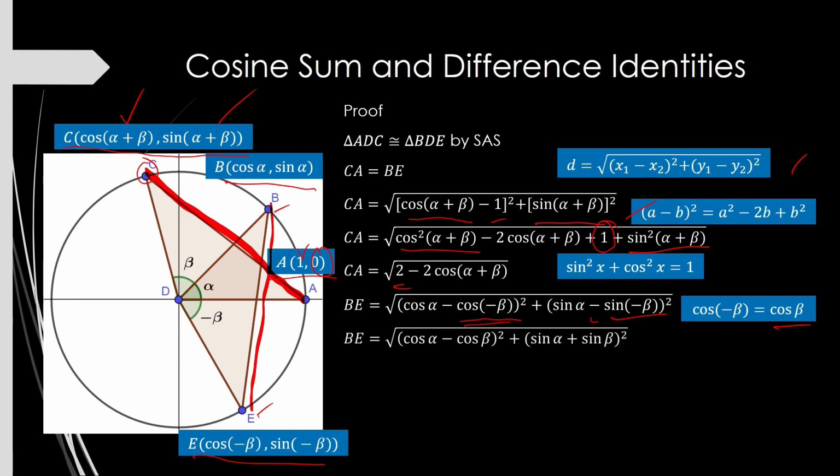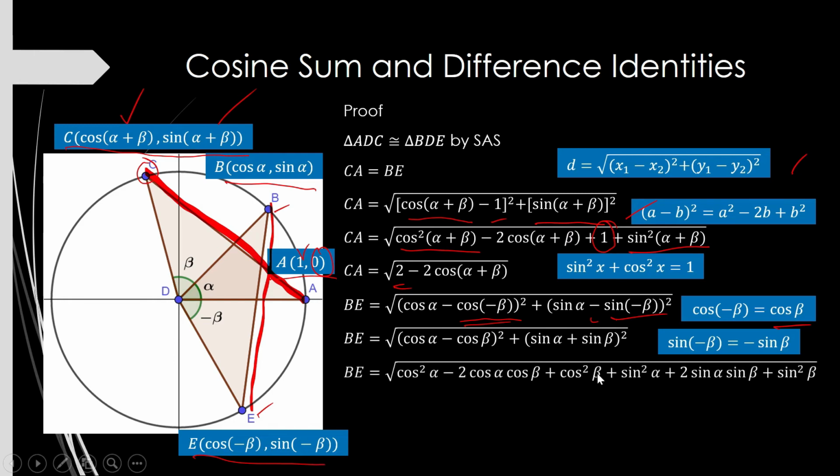We will expand these expressions using your special product. And again, we will simplify it. So where did 2 come from? Look at this. The square of sine of beta plus the square of cosine of beta, that's equal to 1. The square of sine of alpha plus the square of cosine of alpha, that's again equal to 1. 1 plus 1 is 2.